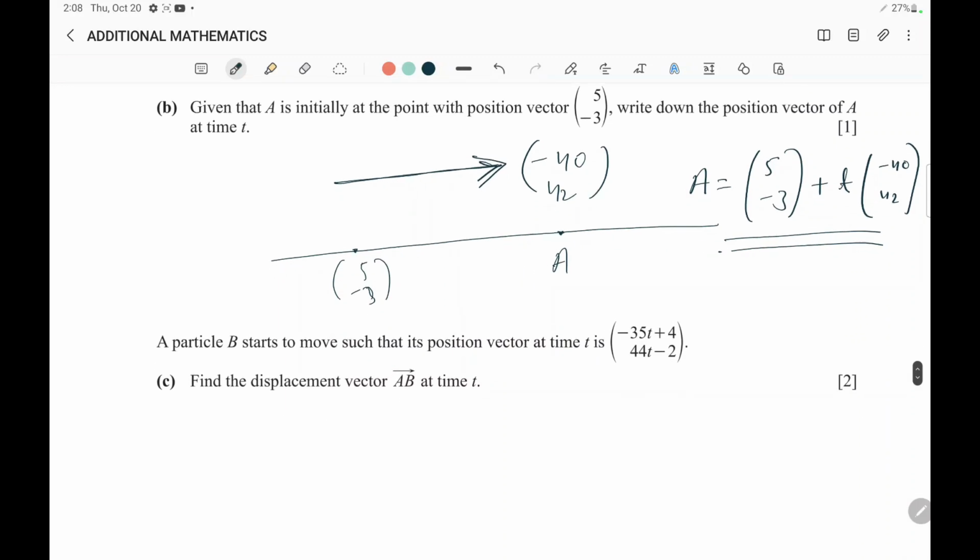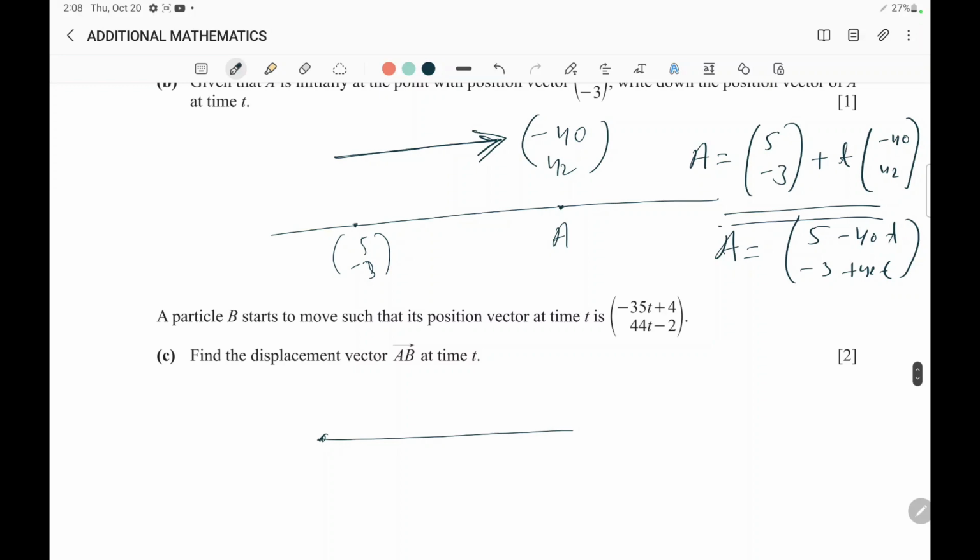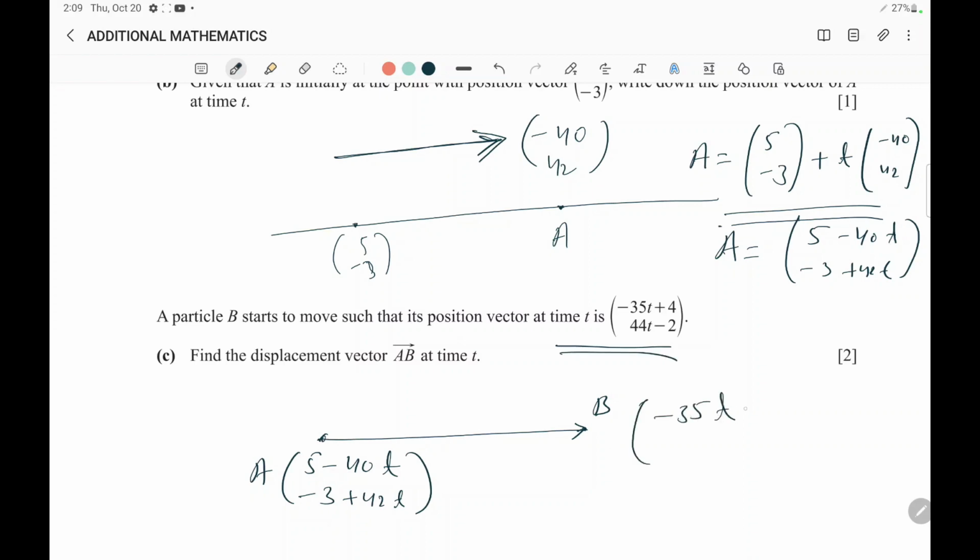Okay guys, so now here point A we can solve further. This is 5 and t times minus 40, it's minus 40t, and minus 3, and this is 42t. So guys, here we have point A, here we have point B. For point A we have 5 minus 40t and minus 3 plus 42t, and for B this is given minus 35t plus 4, 44t minus 2.